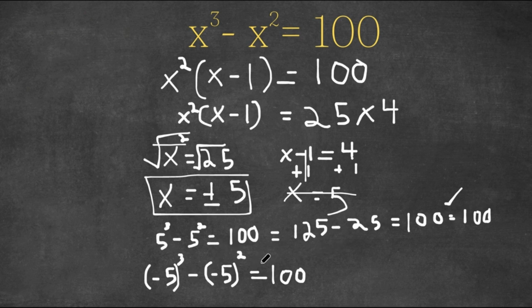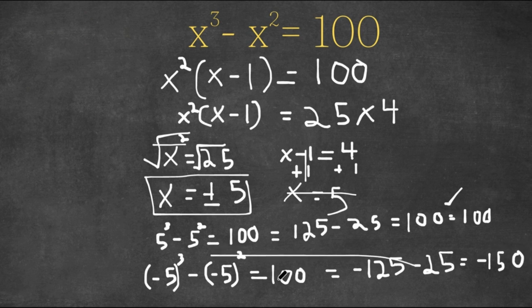And 5 to the power of 3 is 125. So this would be negative 125 minus negative 5 squared, which is 25. And negative 125 minus 25, well, that's negative 150, and that is not equal to 100, so this is rejected. And 5 is our only correct answer.